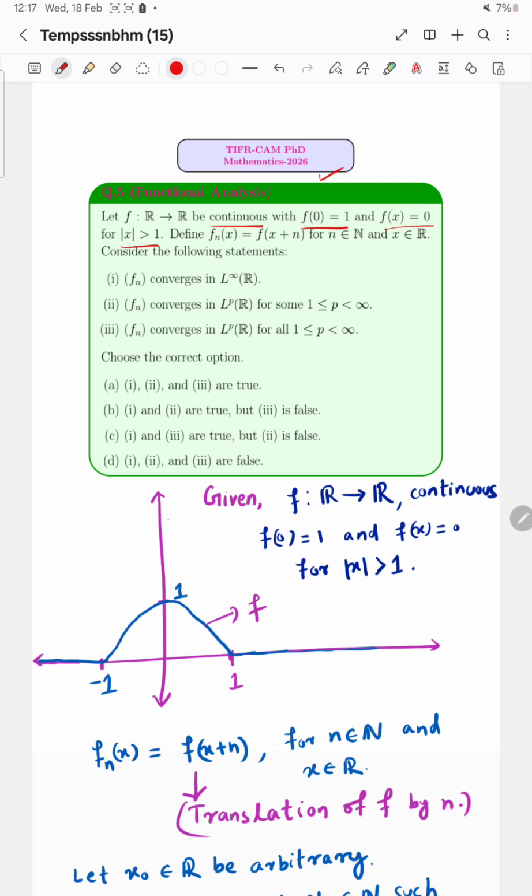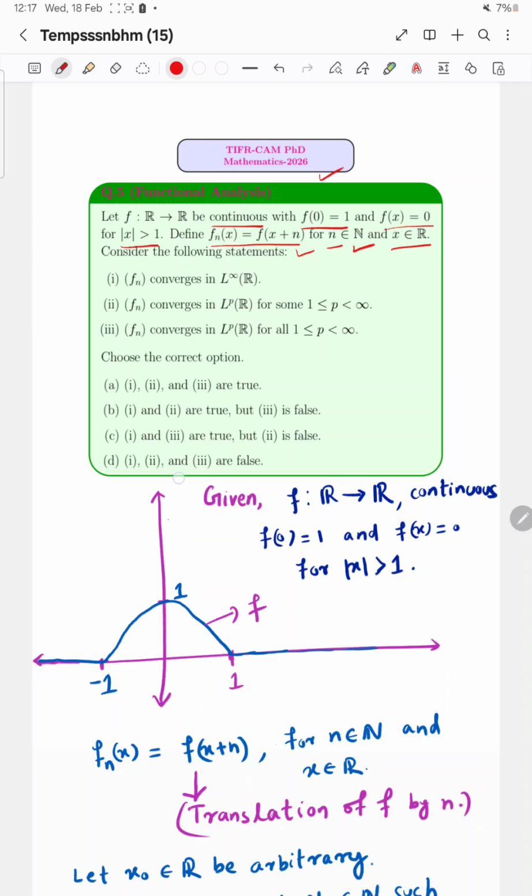The sequence of functions f_n(x) is defined in this way: f_n(x) = f(x + n), meaning f_n is simply the translation of f by n, for every n belonging to the natural number set and x belonging to the real number set.